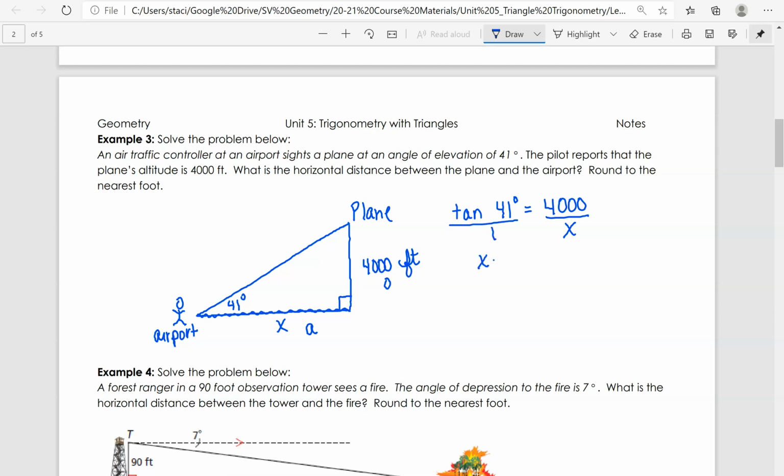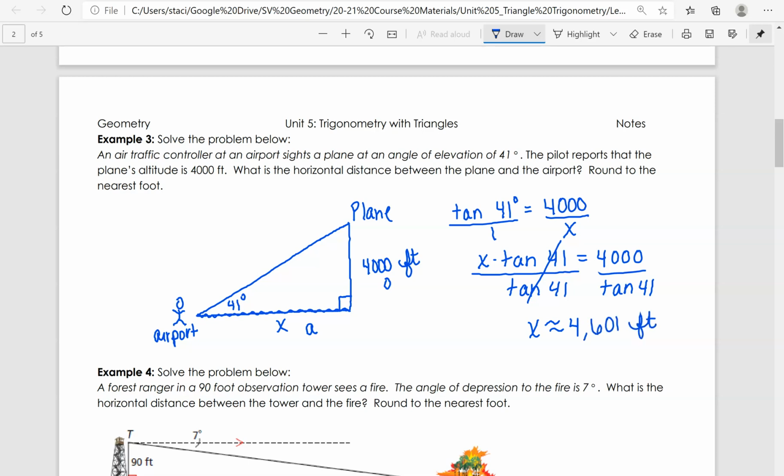If I cross multiply, and then to solve, I divide by the tangent of 41 degrees. And so x is about, and it says to round to the nearest foot, so the nearest whole number. When I type this in, I get that the horizontal distance is about 4,601 feet.